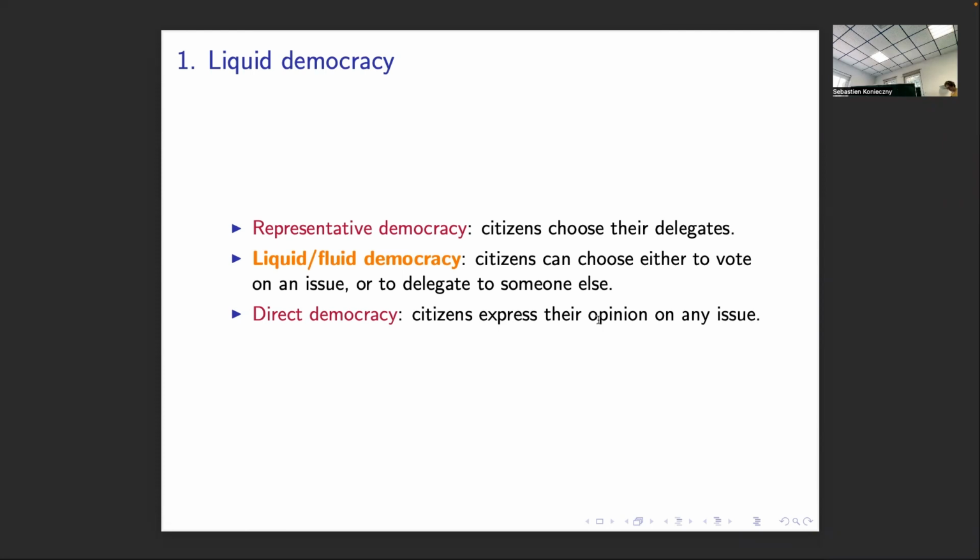These delegates discuss issues, deliberate, vote, and make decisions for you. And direct democracy is at the other extremity of the scope. You vote directly on issues.